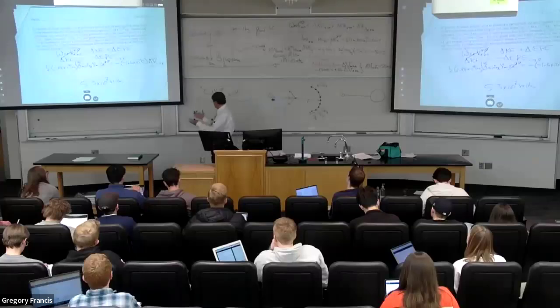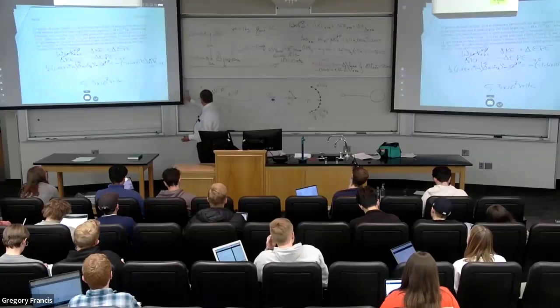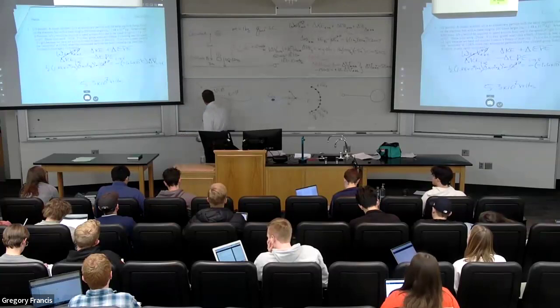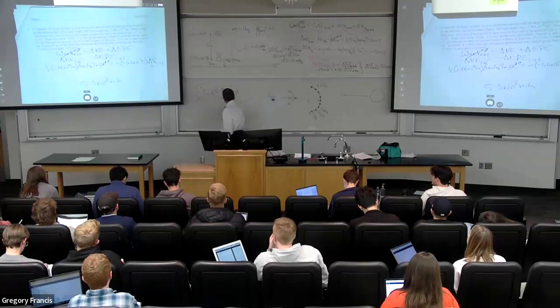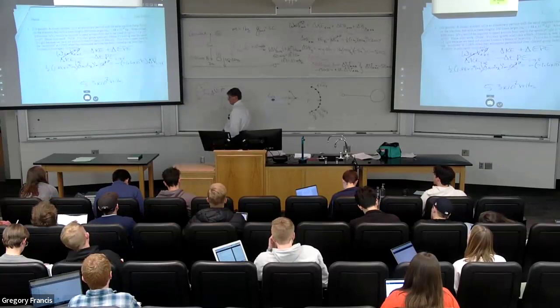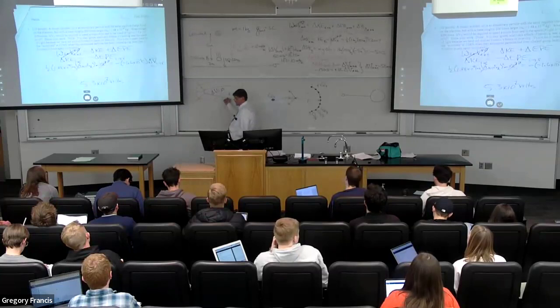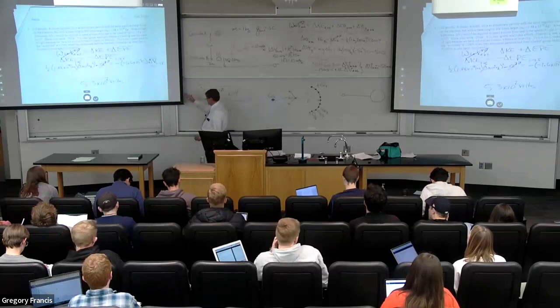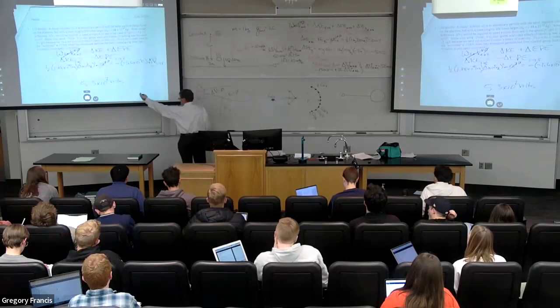And because I have to do the same amount of work to bring a test charge in this way as that way, that means I must have a very strong electric field here and a kind of mediocre electric field here. So here I'm fighting a mediocre field for a long distance to get it there. Here, I got practically no field out here. I better really have to fight when I get close.